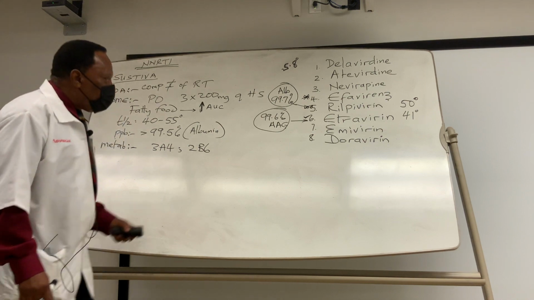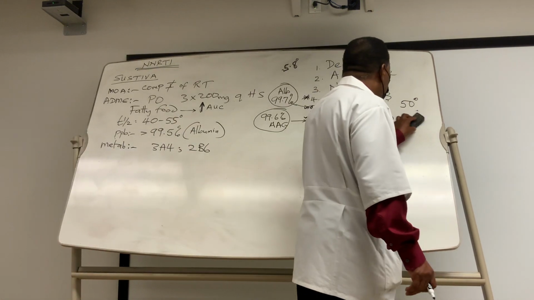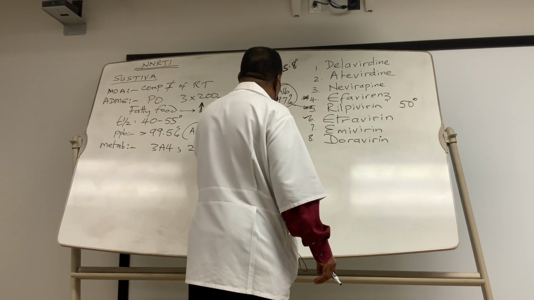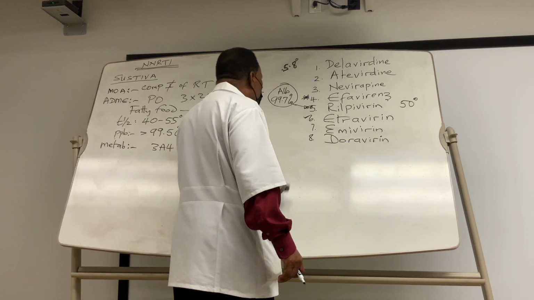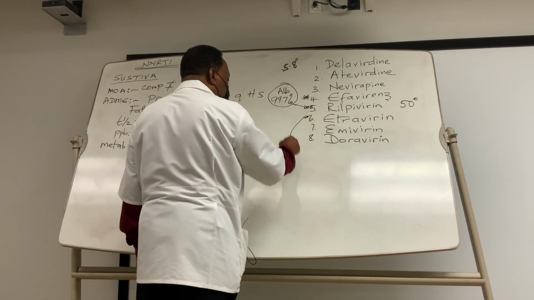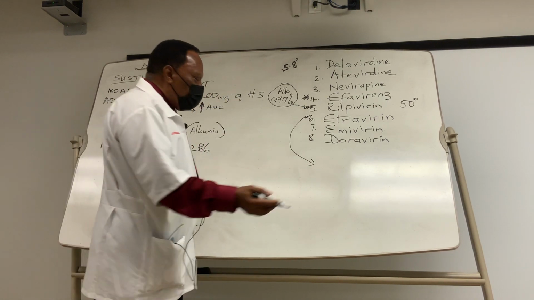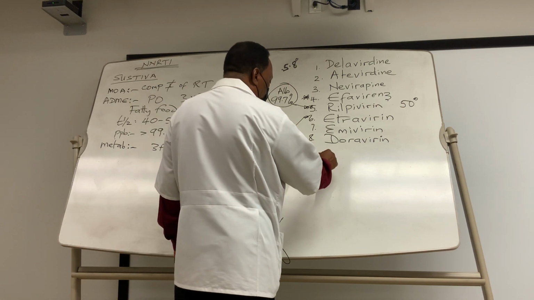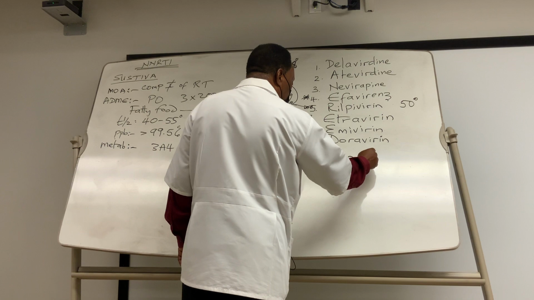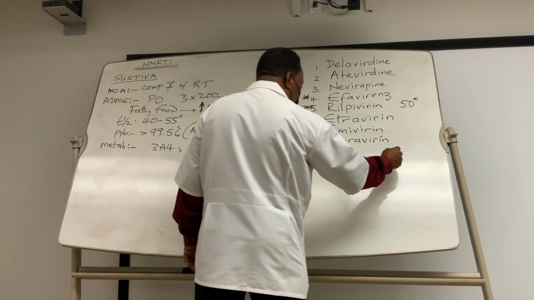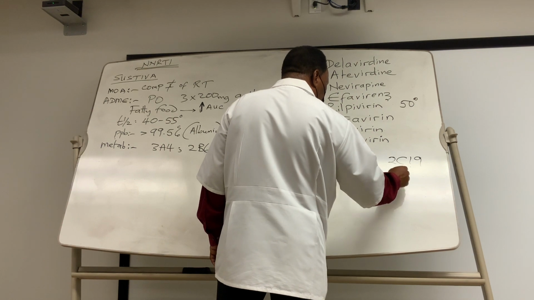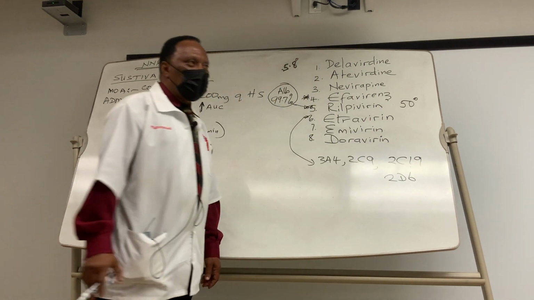If we look at etravirine, it is actually biotransformed by 3A4, 2C9, 2C19, and sometimes by the 2D6.